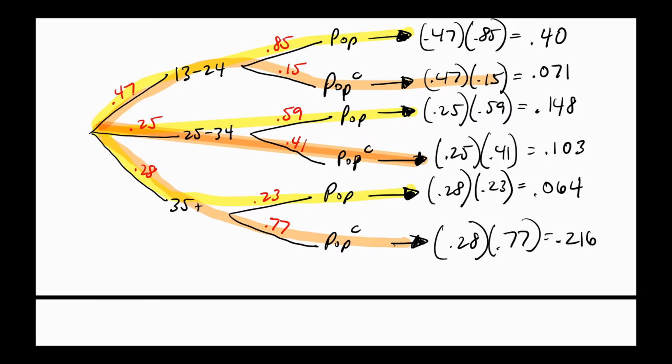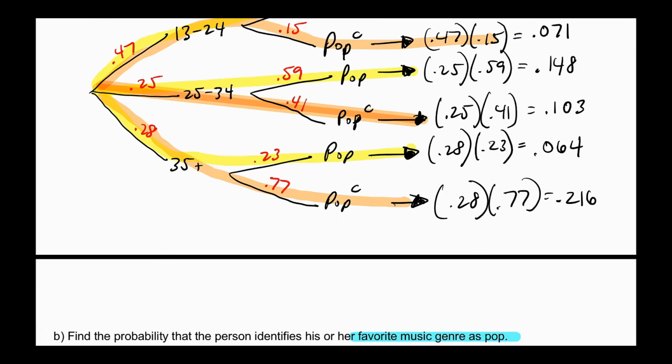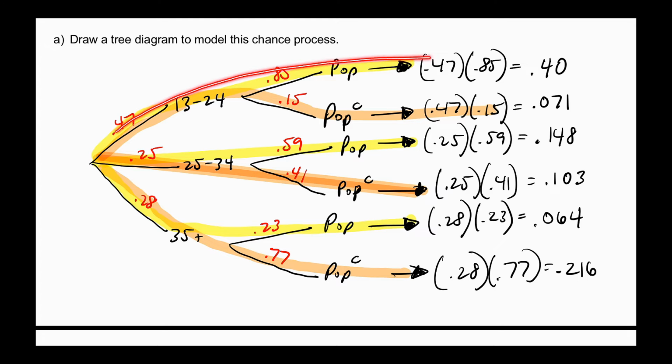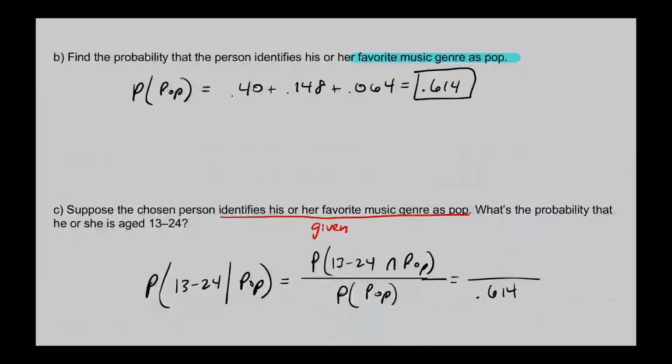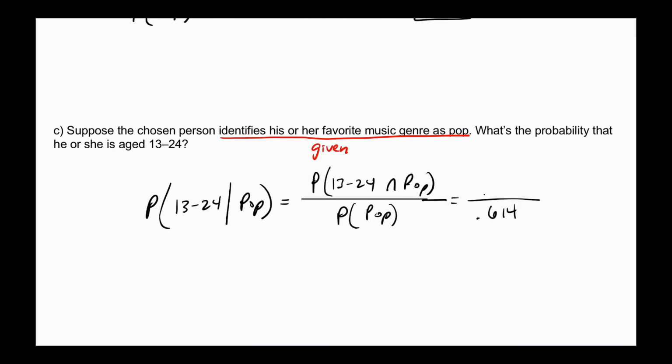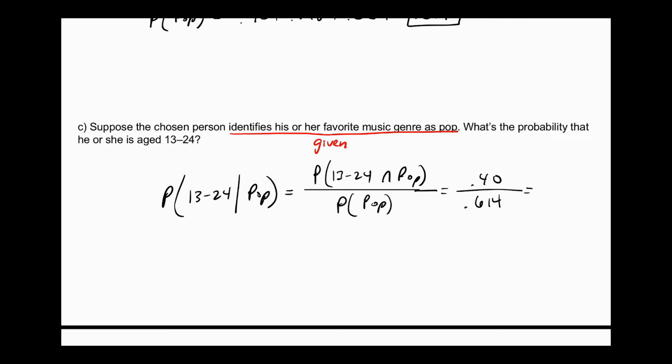That's this path right here. 13 to 24, so it should be 0.40. Division, and what do we get? 0.6514, or 65.3. Yes, that's the same thing I got. 65.3, that's the same thing. Okay.